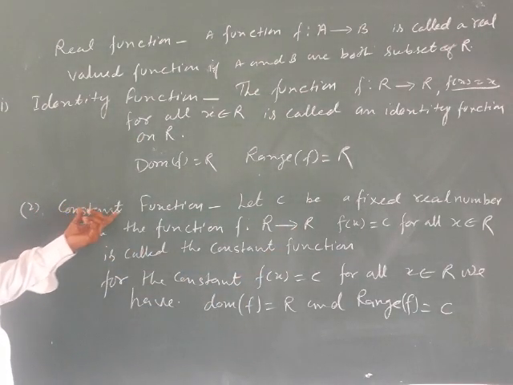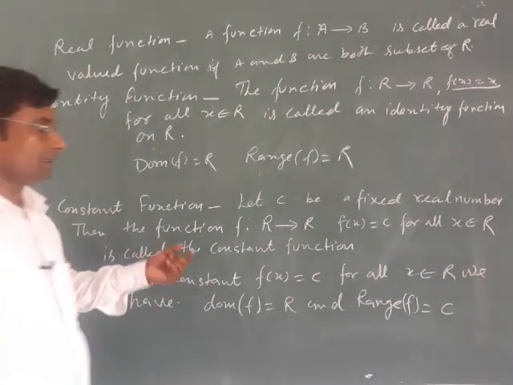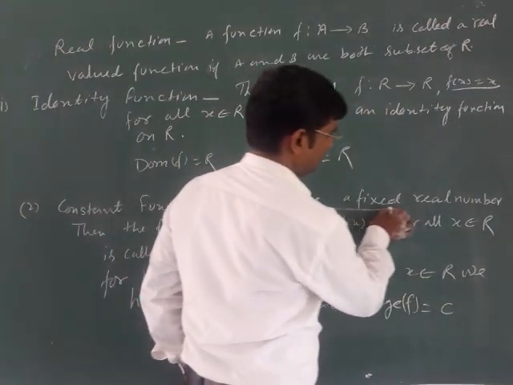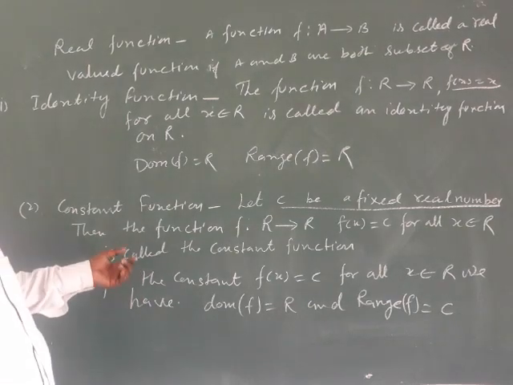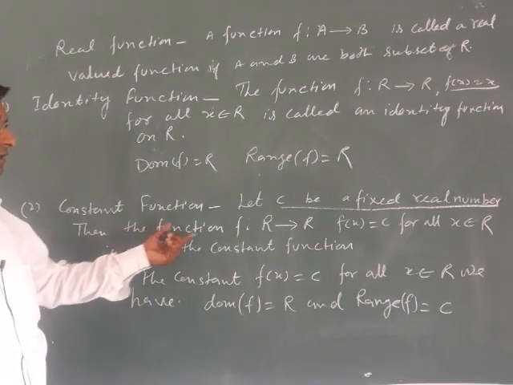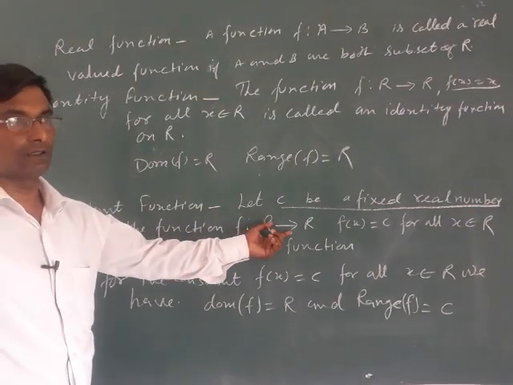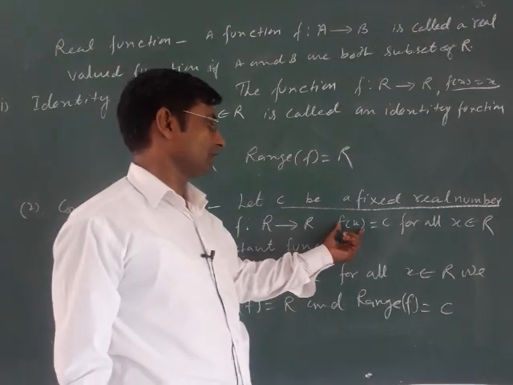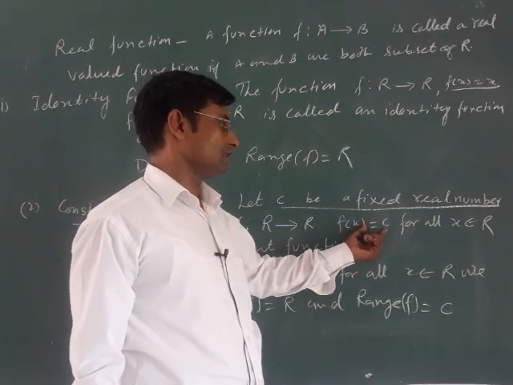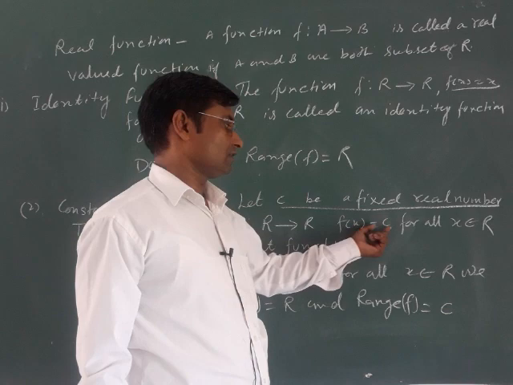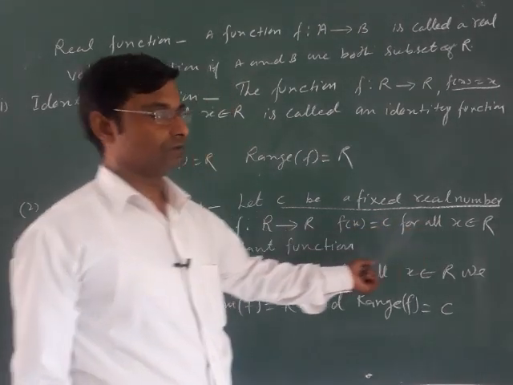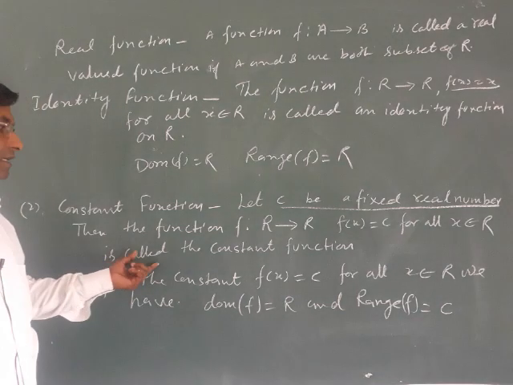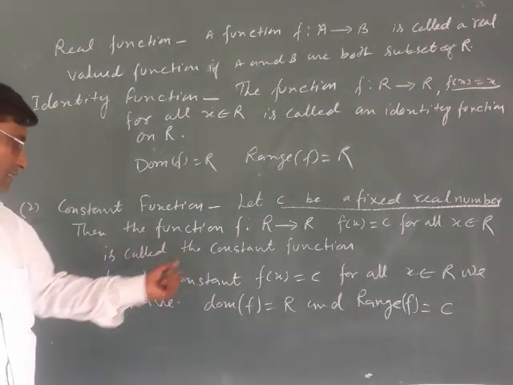Second, constant function. Let C be any fixed real value, then the function F from R to R given by F(x) is equal to C, where C is a constant real number, for all x belonging to R, is called a constant function.